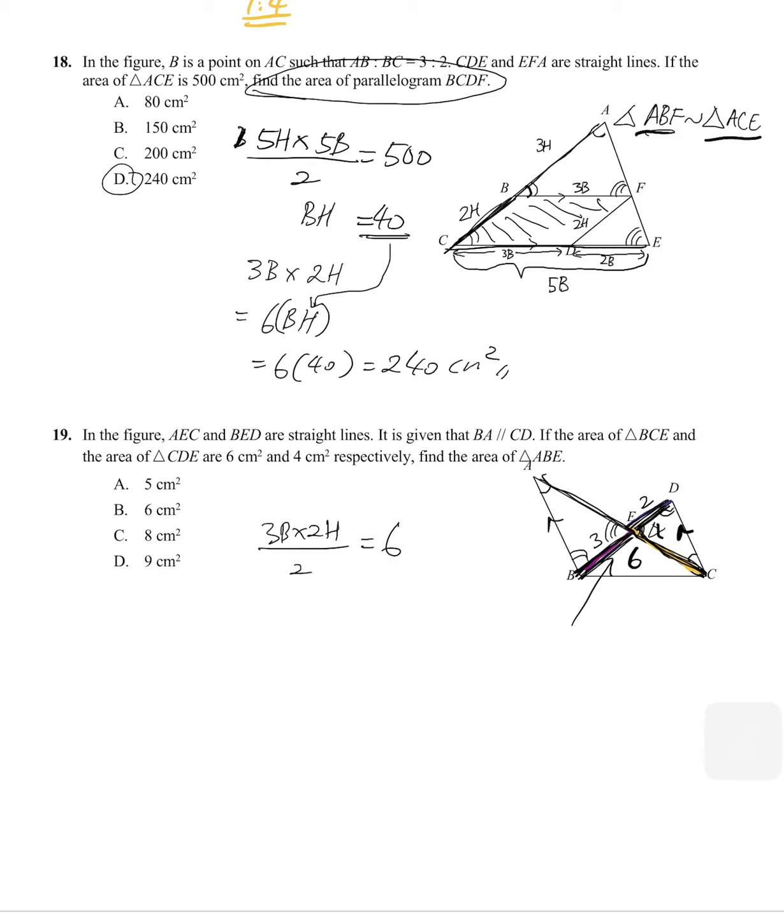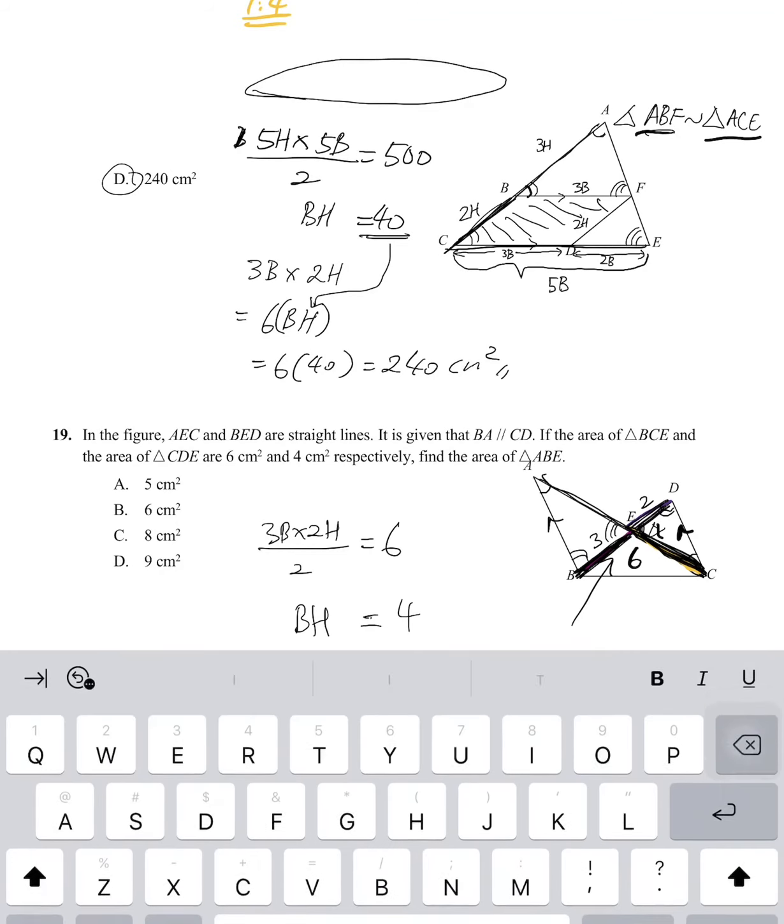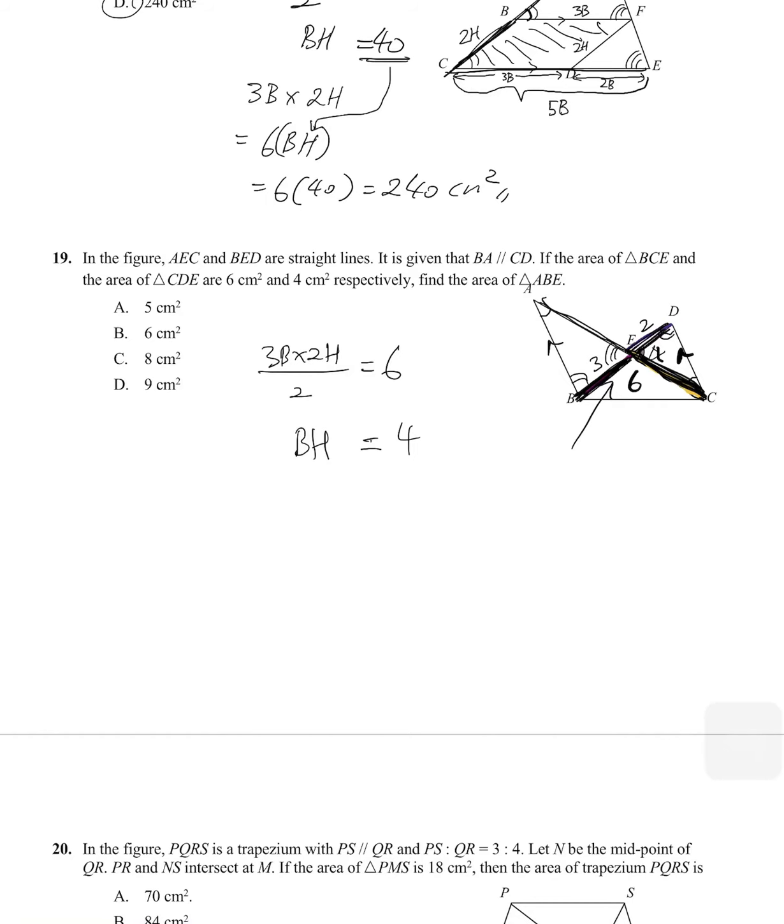Okay, because this is 3B and this is 2 height. So if you do the maths on this, you know that BH is a 4. And to do that now, all you need to do is times 2, BH is 6. Just get that done.